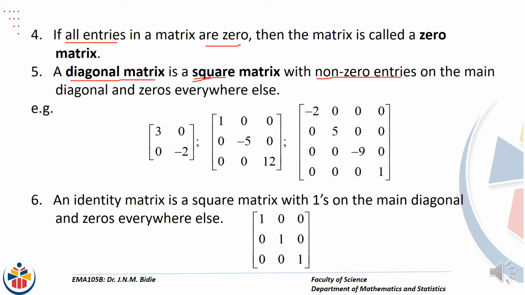The first matrix has got 2 rows and 2 columns, and the only entries that we have are 3 and -3 on the main diagonal. The second one is a 3 by 3, and the last one is a 4 by 4.